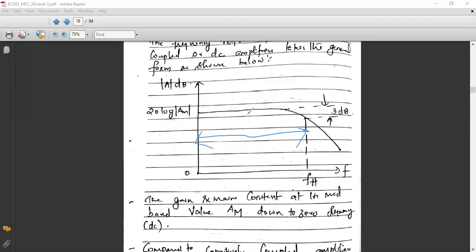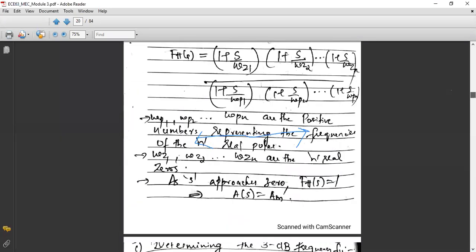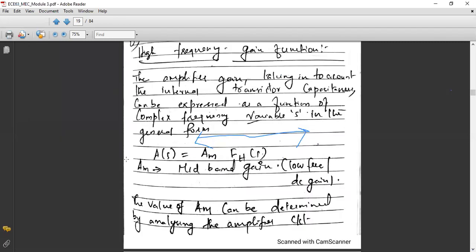Till fh, you are getting the maximum gain AM, so during this period you will not get any changes in your gain, it will be constant, and that constancy is nothing but the midband gain AM. But later, after increasing frequency, it will slowly start decreasing. That decrement is represented by the function fh of s.